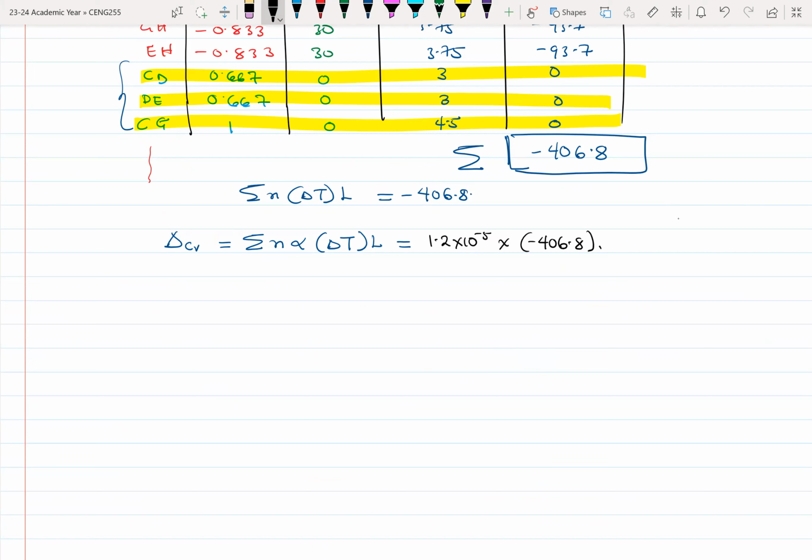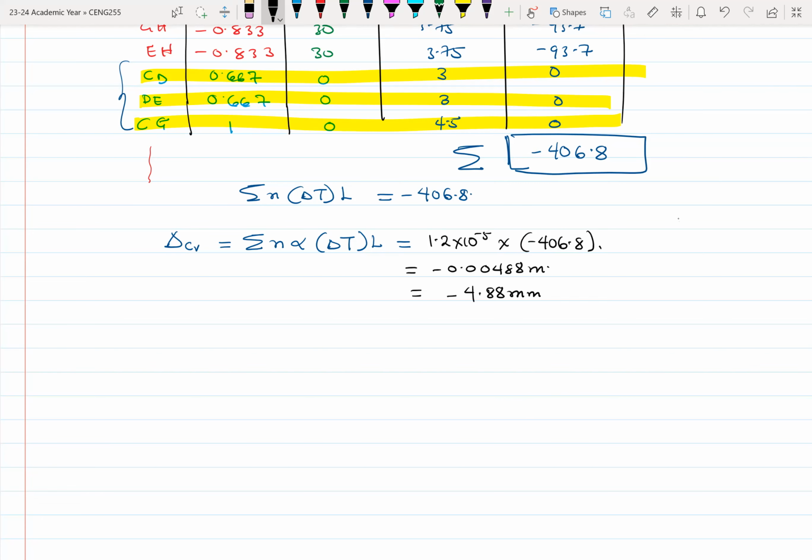Okay. So if you multiply this, your answer will be minus 0.00488 meters. It is nicer if it's written in millimeters.